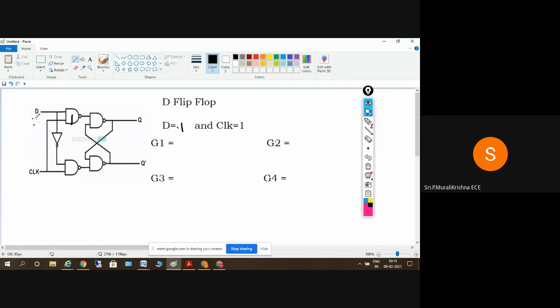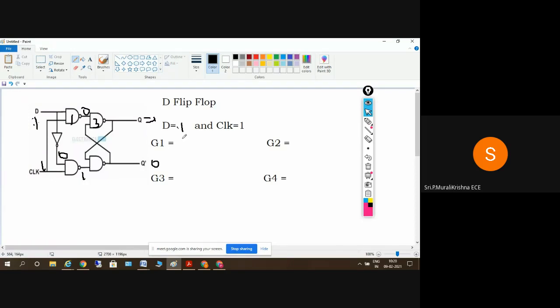This is D1, so this is 0, and the clock is 1. When one of the inputs of the NAND gate is 0, the output of the third NAND gate will be equal to 1 here. So Q will be 1 and Q bar will be equal to 0. Hence Q of n plus 1 is equal to 1 here.